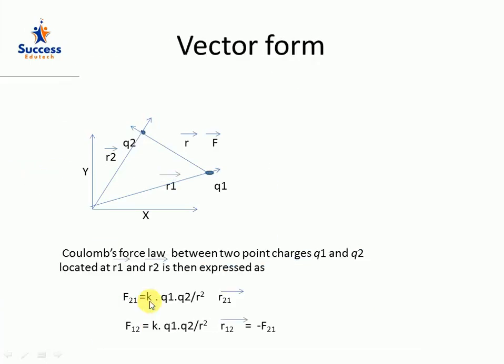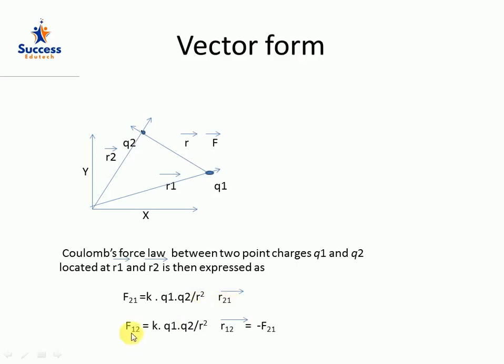Also, according to this vector notation, Coulomb's force law between two point charges q1 and q2 located at position vectors R1 and R2 is expressed as F21, that is force on 2 due to q1, is k into the product of q1 q2 by r square, and the direction will be along r21.